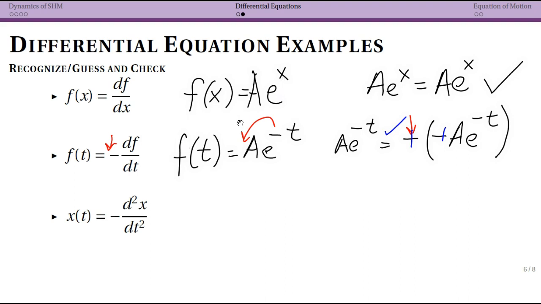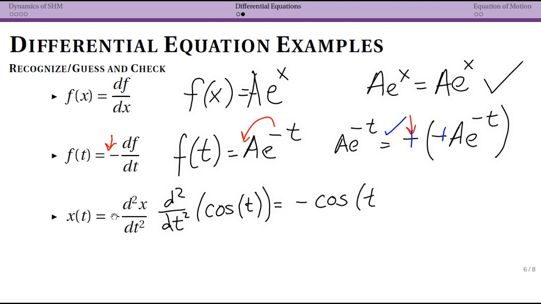But now we have a minus sign. And it's not true that for a e to the x, its second derivative gets a minus sign. But you actually know two functions that do. You know that the second derivative with respect to time of cosine of t equals negative cosine of t.